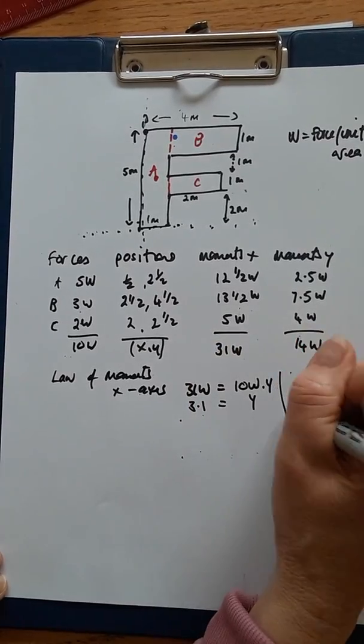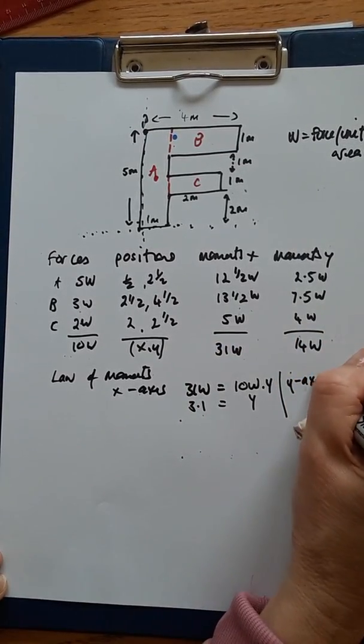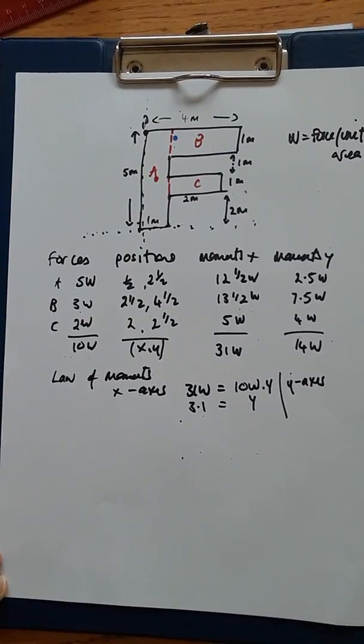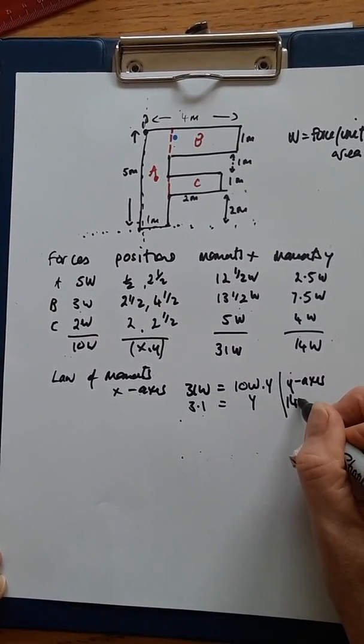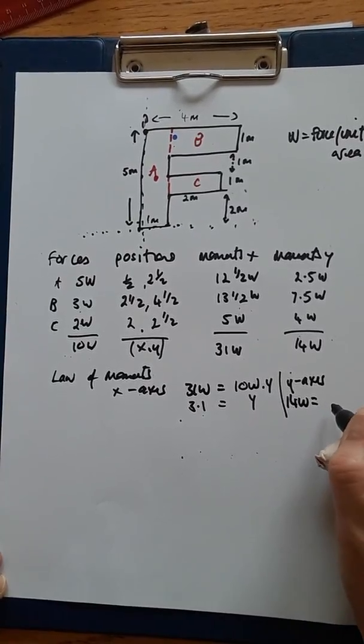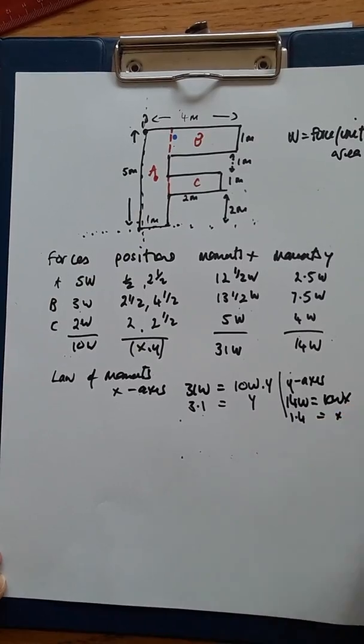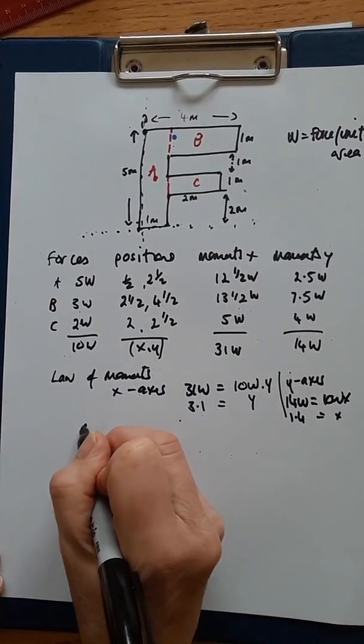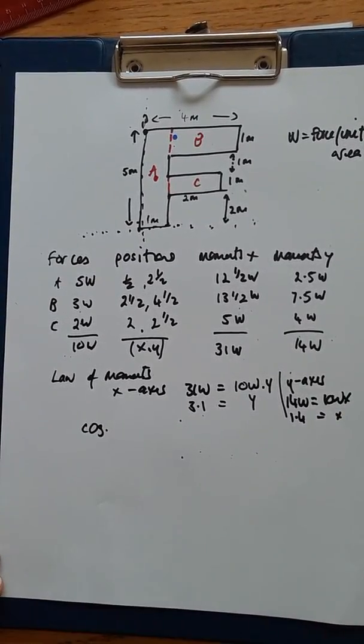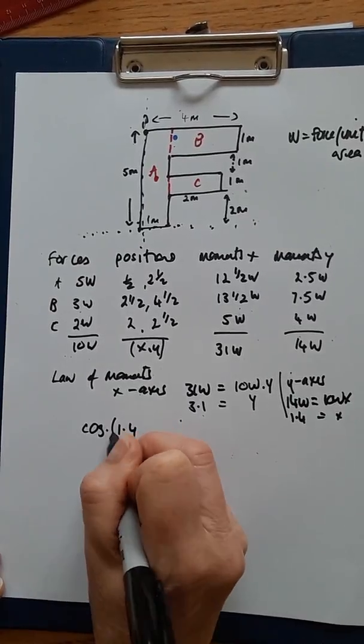And then I'm going to do the same about the y-axis. So the sum of the moments about the y-axis is 14W, and 14W is equal to 10W by x, which means x is equal to 1.4. So my centre of gravity for that shape is 1.4, 3.1.